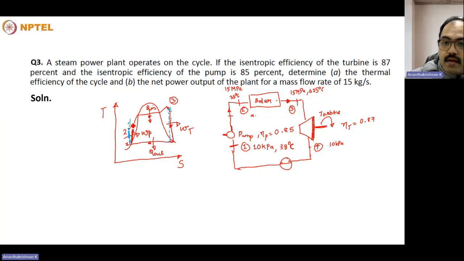So this can be point 2 dash, and this will be 3 and 3 dash point. So the real point might be 4 and 4 dash. The real point at the exit of the turbine expansion will be slightly towards the right compared to the isentropic case. So you have to actually determine that using the isentropic efficiency that is given in the problem.